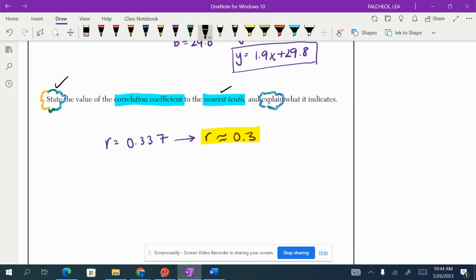Now we need to explain what it indicates. So whenever you're explaining what the correlation coefficient indicates, you need to describe the strength and direction of the relationship.